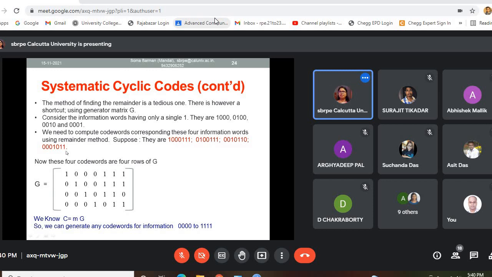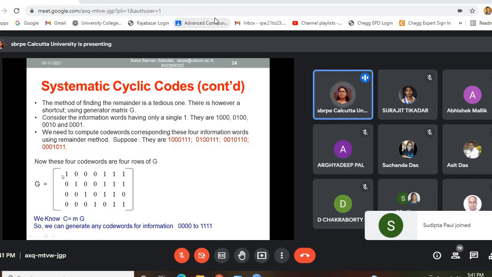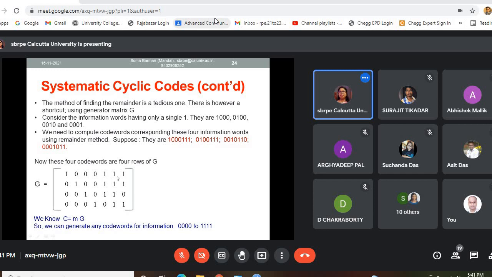That is, x to the power n minus k ux is divided by the gx polynomial and bx is formed. Now, once you have constructed these 4 code words, they act as the generator matrix. So we are forming a generator matrix; these are the 4 rows of the generator matrix.